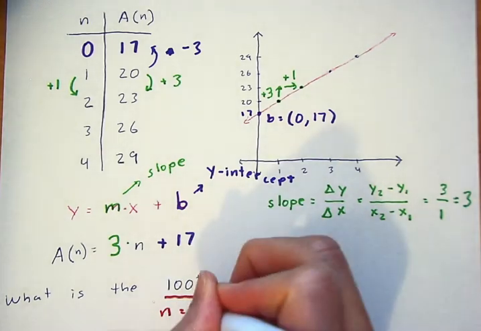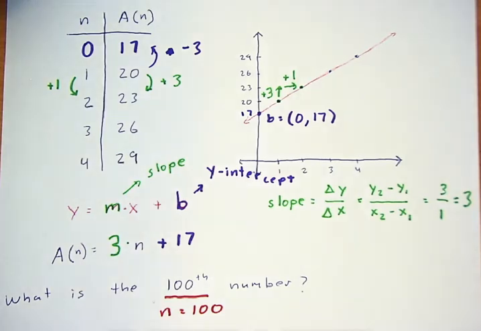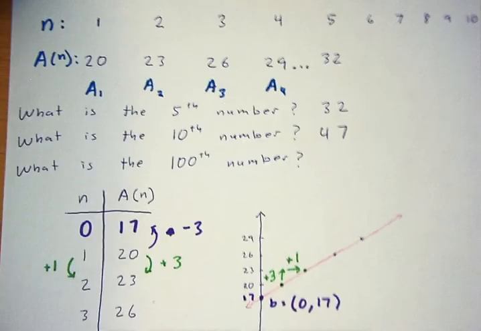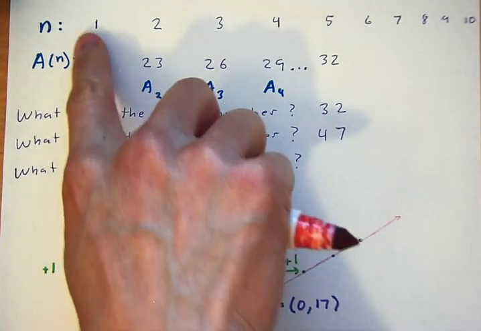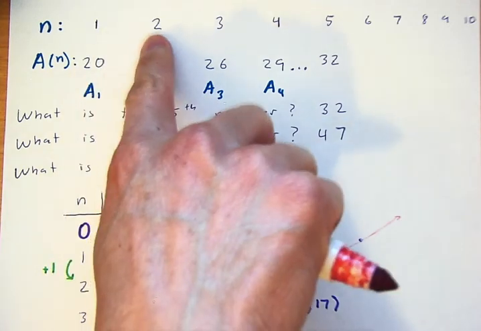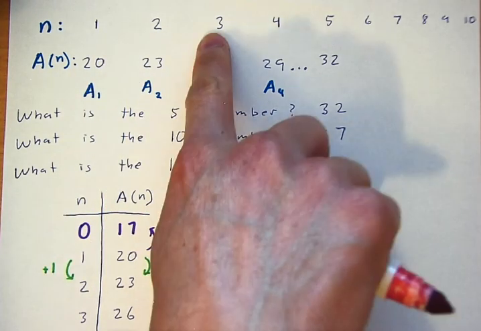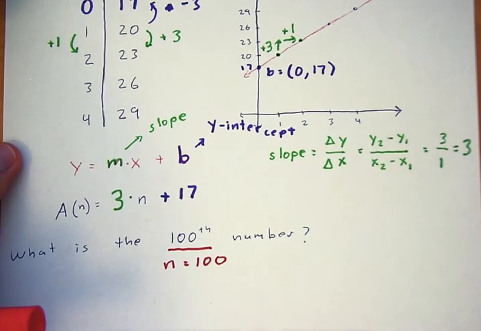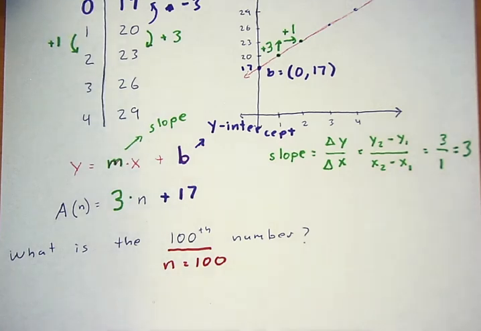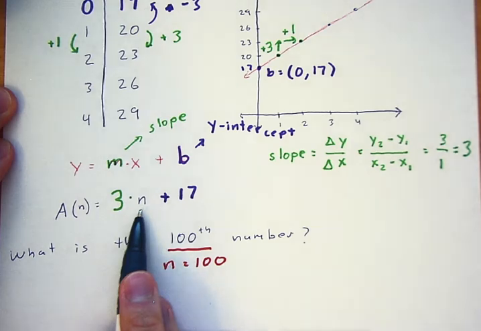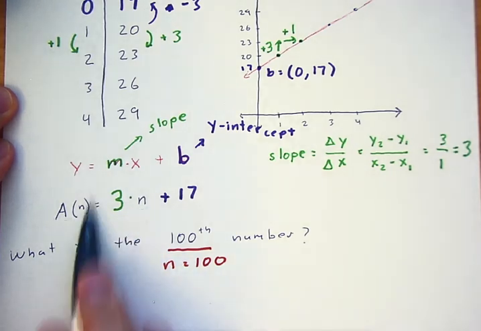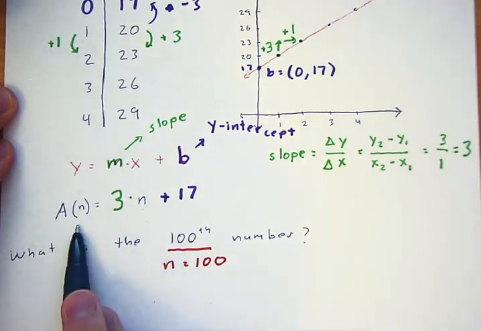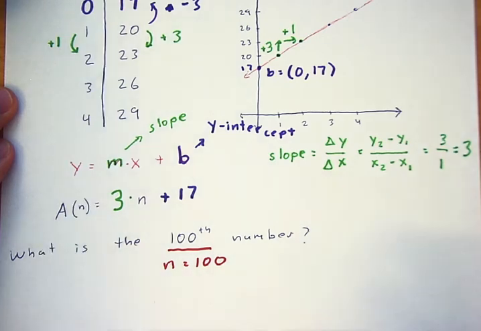So n here is equal to 100. n equals 1 is your first number, n equals 2 is the second number, n equals 3 is the third number. So your 100th number is when n is equal to 100. We have our equation that tells you, for whatever n, how much the a of n is going to be.